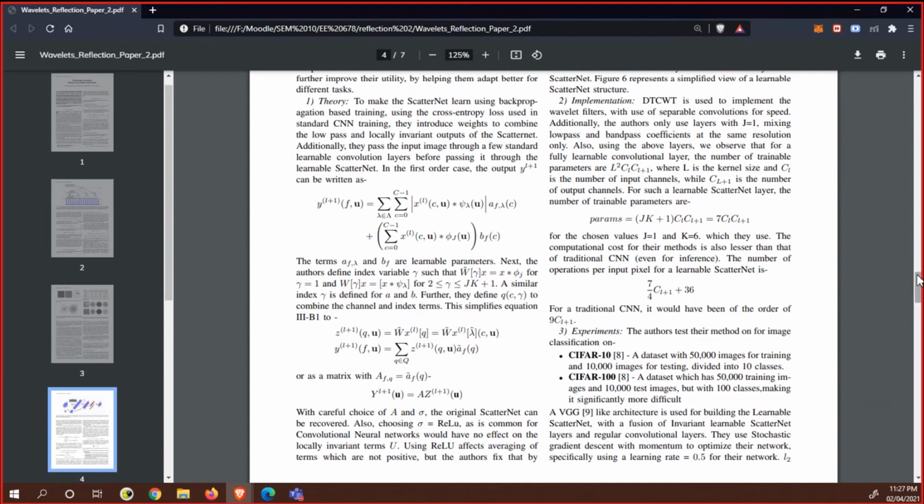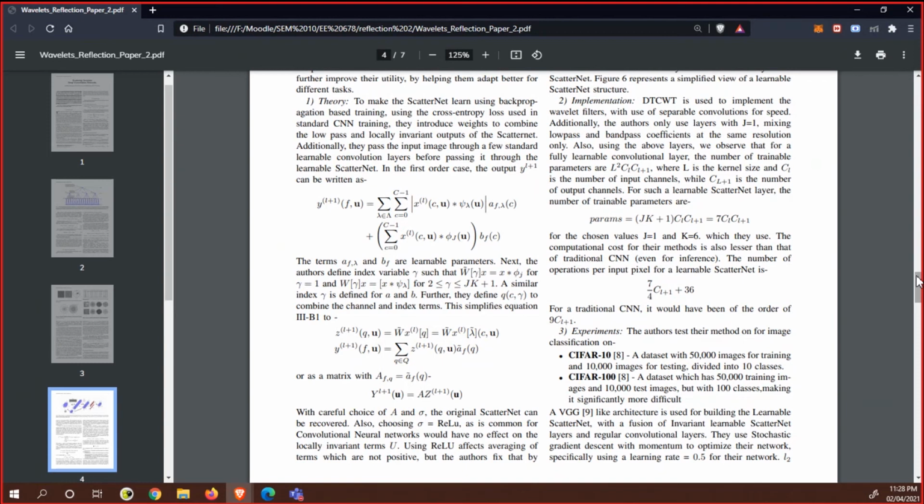For implementing this, they use the discrete time continuous wavelet transform. They calculate it by separating it among the two dimensions, which leads to much higher computational efficiencies compared to standard convolutional networks.